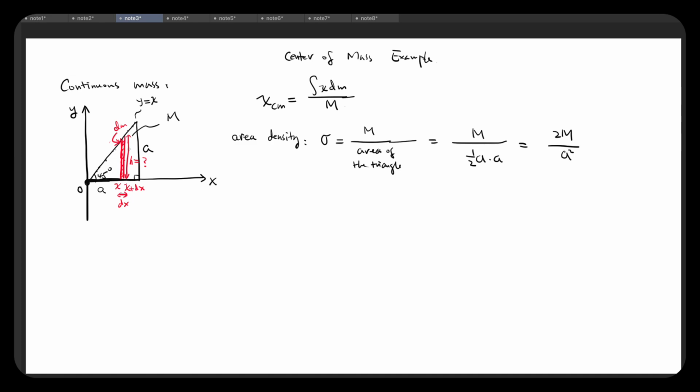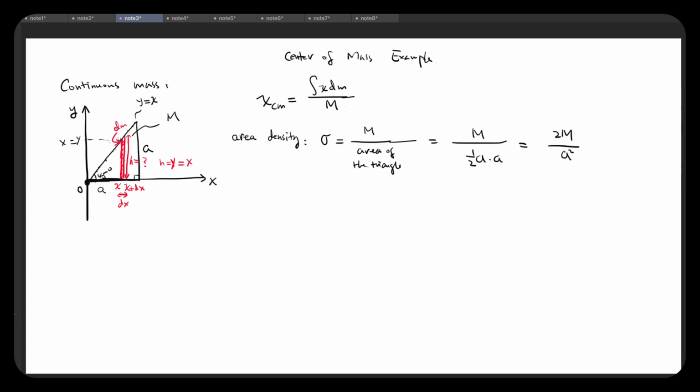If I plug in x, that's this location, and I look up the y coordinate, I get y equals x. So that's this height: h equals y equals x.